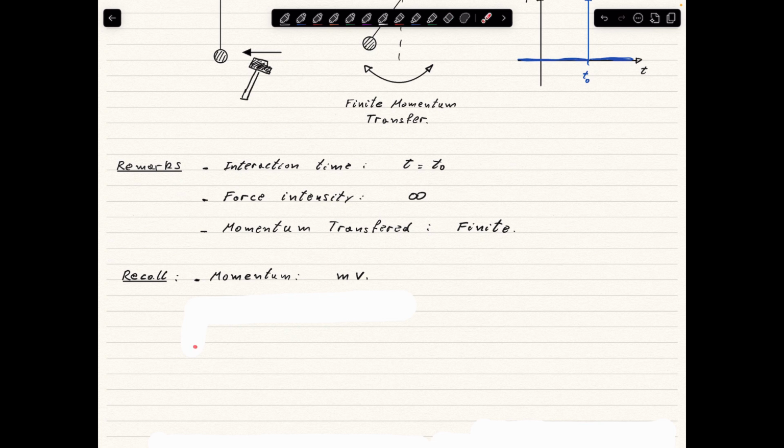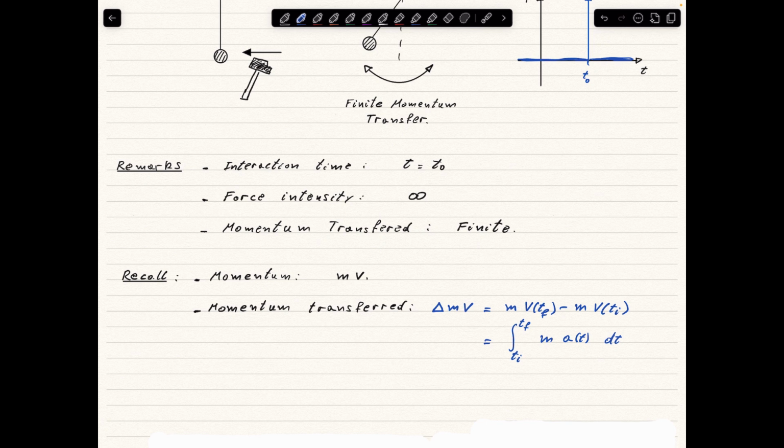And when we talk about the momentum transfer, what we mean is the variation in momentum, delta of mass times velocity, which is the mass times the velocity at the final time minus the mass times the velocity at the initial time. And of course, this is nothing more than the integral in time from t initial to t final of mass times the acceleration of the object.